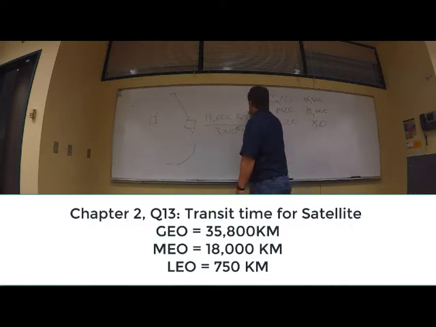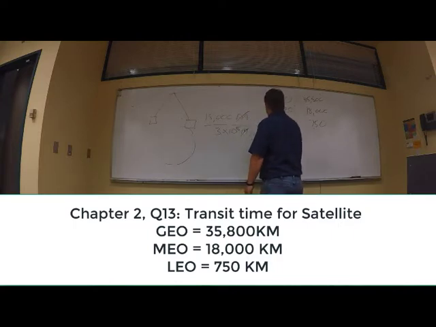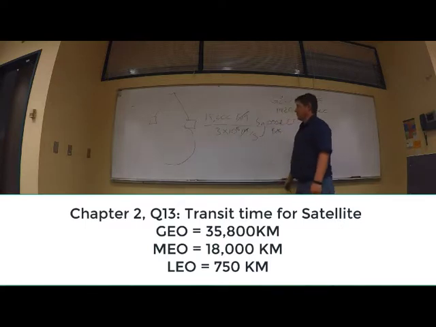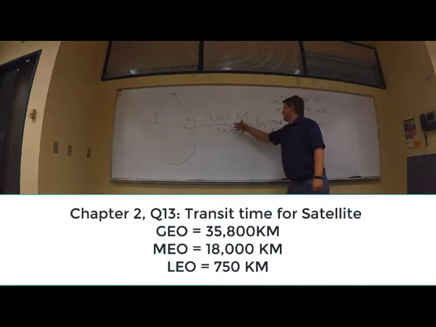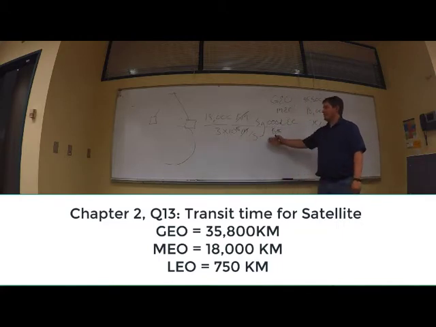This kilometer cancels out, that kilometer cancels out, this meter cancels out this meter, and this is a divide by divide, so it goes up there, and we have seconds. So now it's 18 times 1,000 divided by 3 times 10 to the 8th, and that is in seconds.